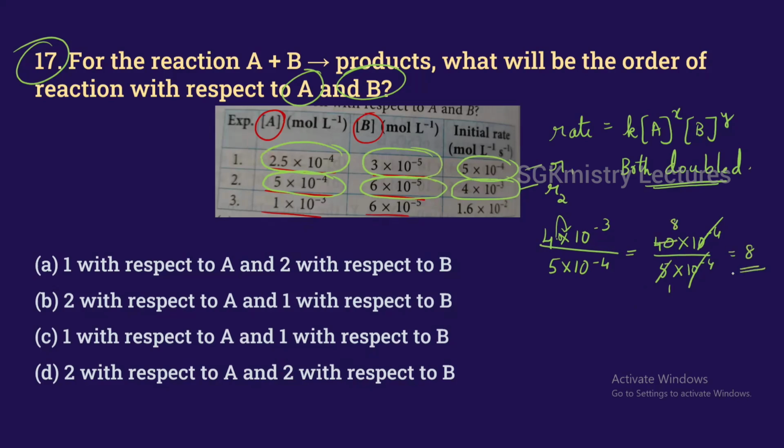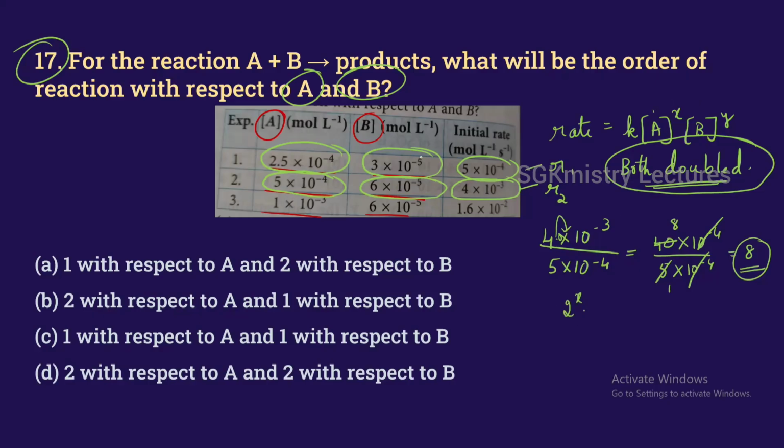So when both of these are doubled, the change in the rate of the reaction is equal to 8. Okay, the change in the rate of the reaction when both concentrations of A and B are doubled is 8. So now we know that 2 to the power of x, because it is doubled now, so I'm taking it as 2.